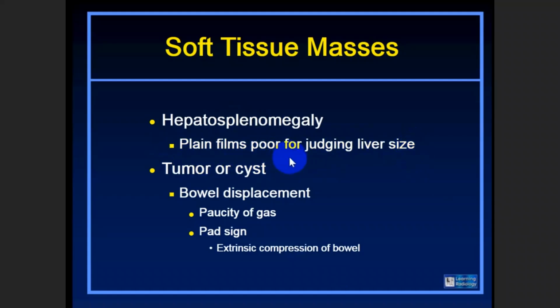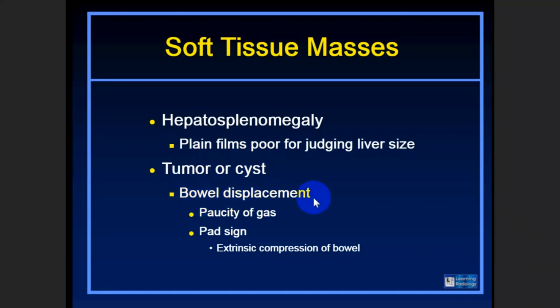It's better to do it through ultrasound or CT. Tumor or cyst are types of soft tissue masses. Tumors are soft tissue and cysts are fluid-filled structures, abnormally situated, but some cysts are physiological, like ovarian ones, for example.